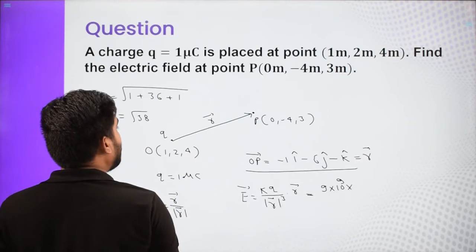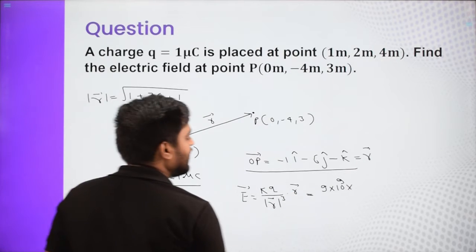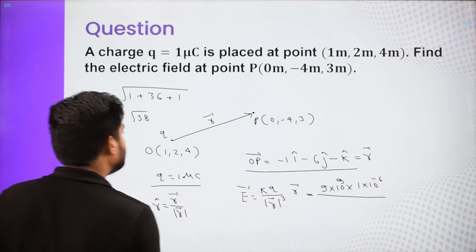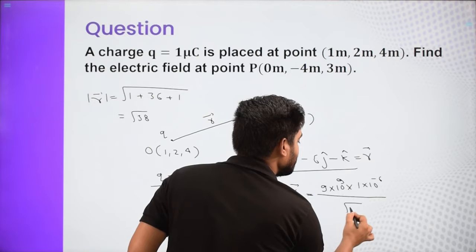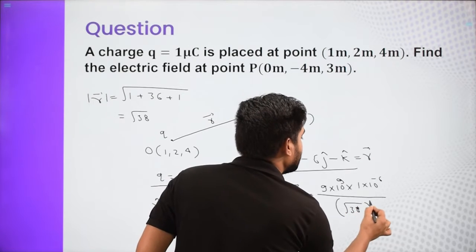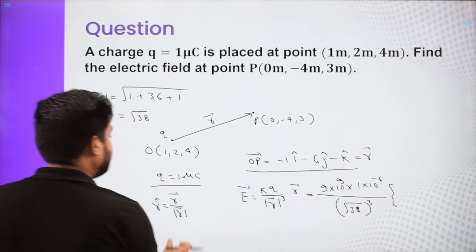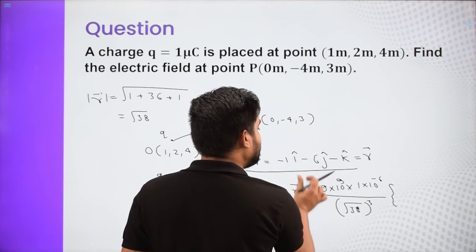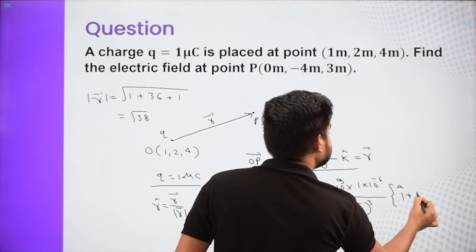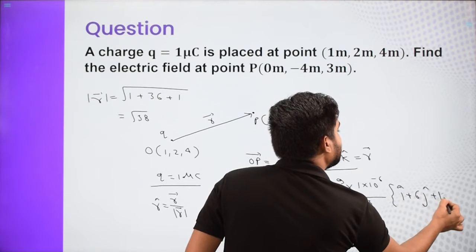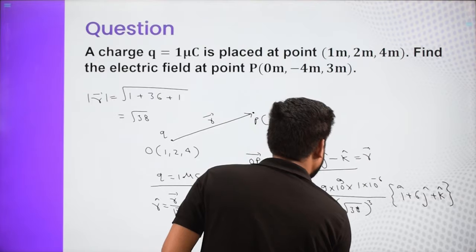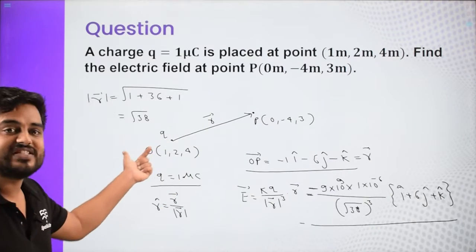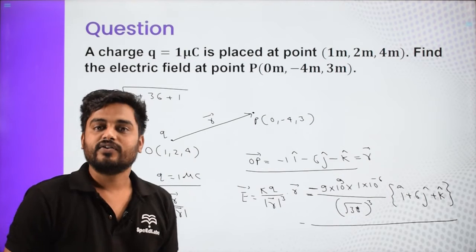Q, the charge is 1 microcoulomb, so 1 into 10 raised to power minus 6 by root 38 whole cube times R vector. And what is our R vector? R vector, I am taking minus as common, and this becomes I cap plus 6 J cap plus K cap. And this is my electric field intensity at this point P due to this charge which is placed at 1, 2, 4.